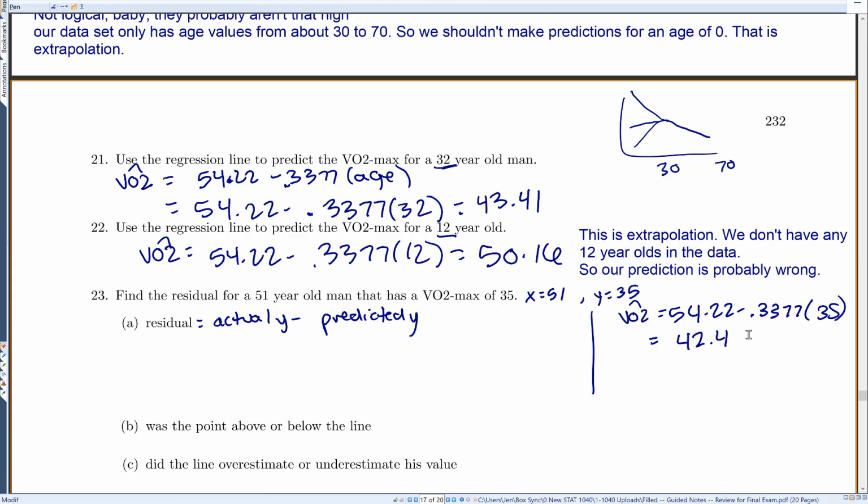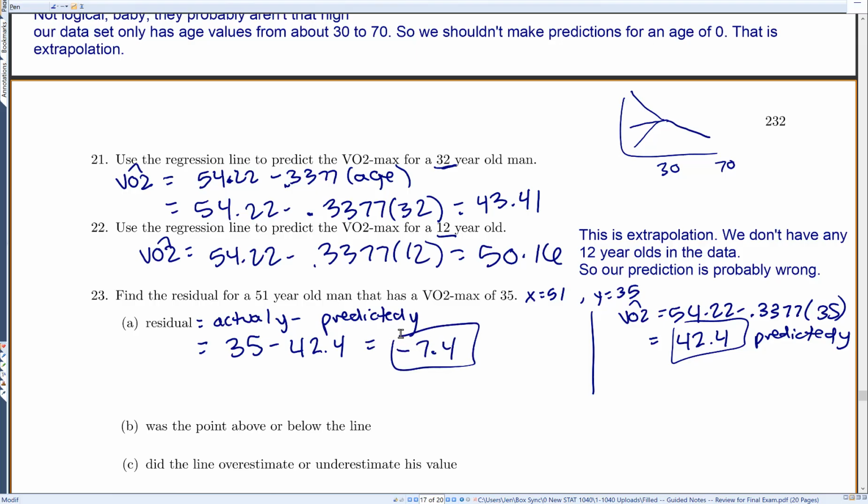Okay, so this is my predicted y. So for my residual over here, I do my actual y, which was 35, minus my predicted y of 42.4, which gives me negative 7.4. So that's my residual.